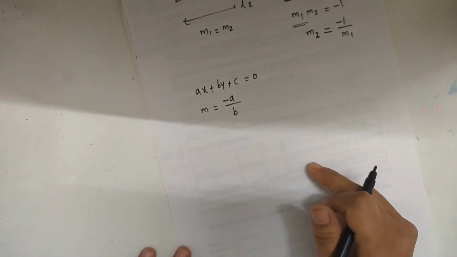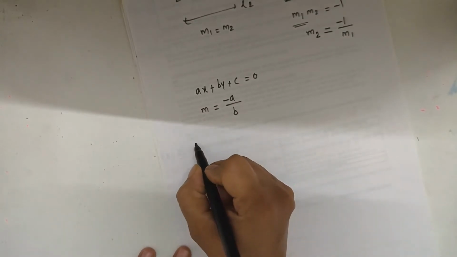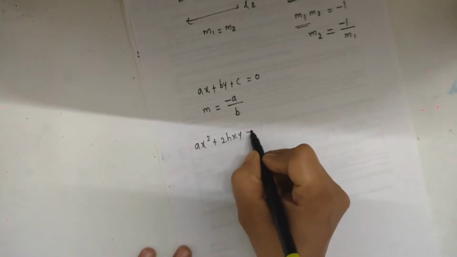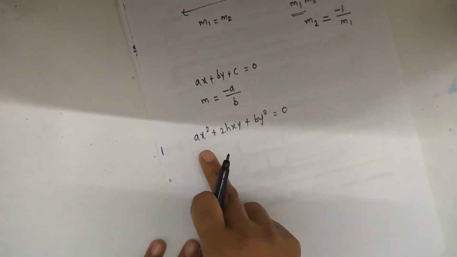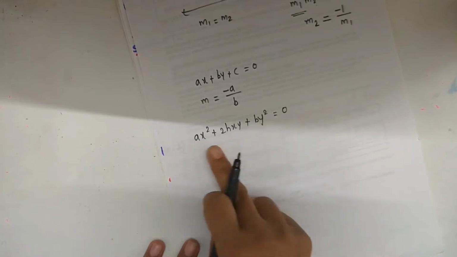Now we know that the homogeneous equation of degree 2, that is ax square plus 2hxy plus by square is equal to 0, represents a homogeneous equation of degree 2 in x and y.